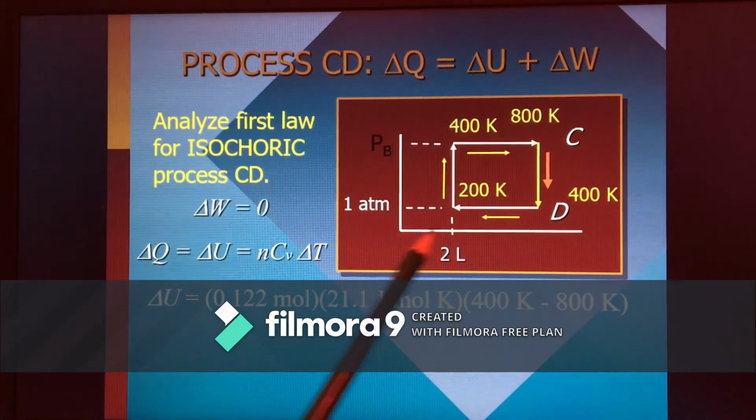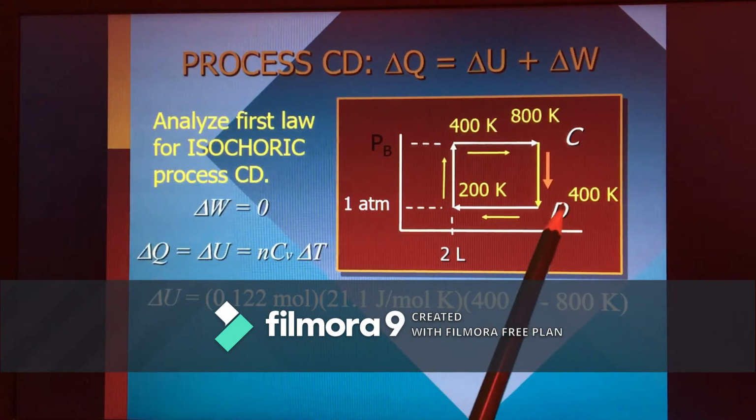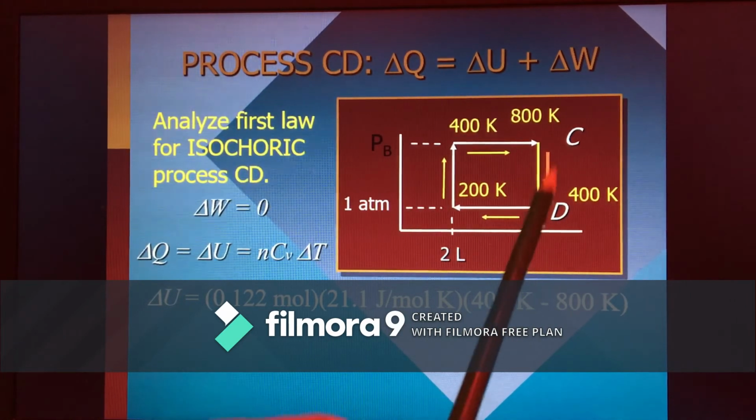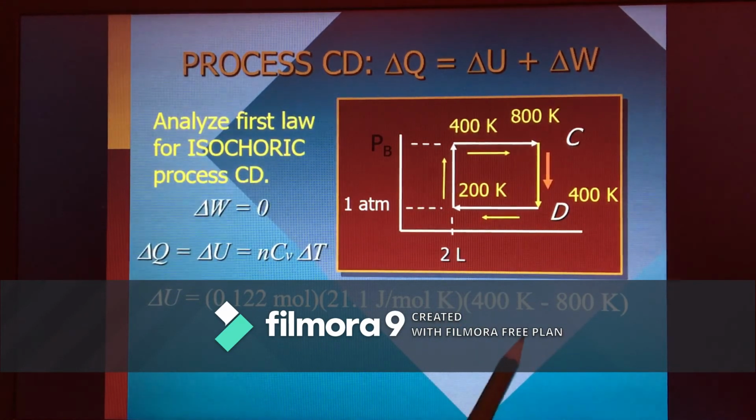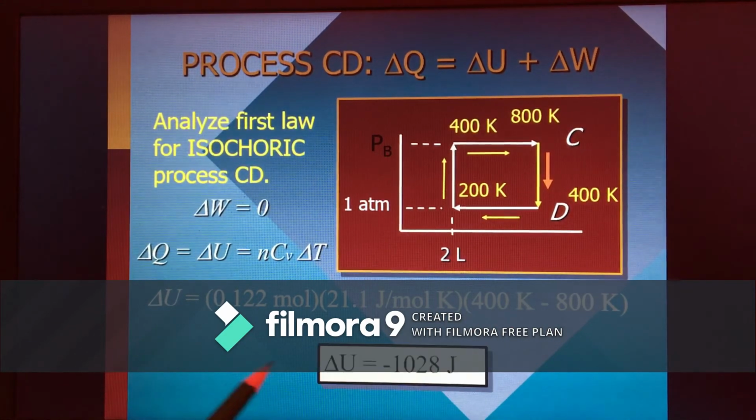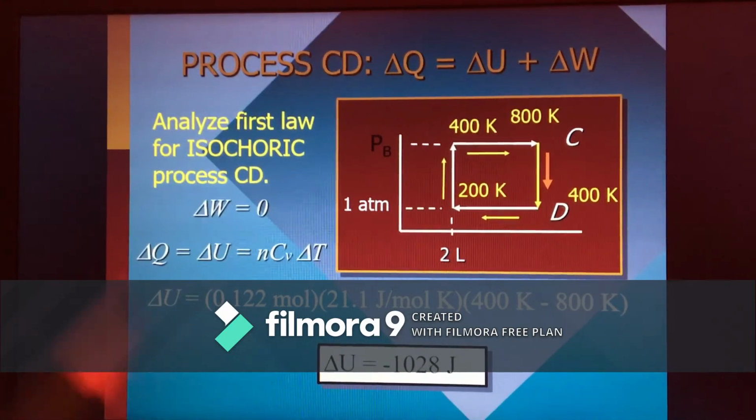Our final temperature is 400 degrees Kelvin at point D. The initial temperature at point C is 800. So we get the difference that is negative. Our result for delta U is therefore negative 1028 joules.